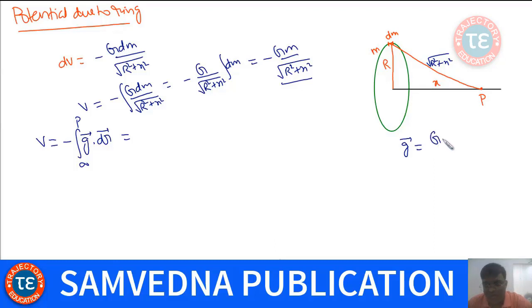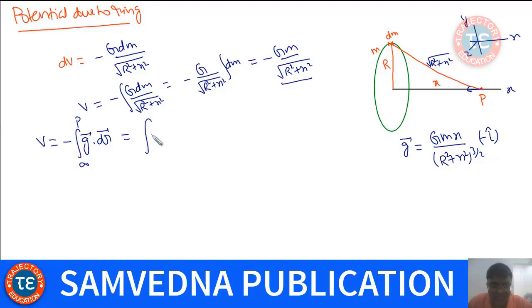G was GMx upon, if you remember, we derived this, and the direction was in this direction, minus i cap. Say this is x, this is y, z, and I assume the ring to be in the yz plane, and this is the x axis.